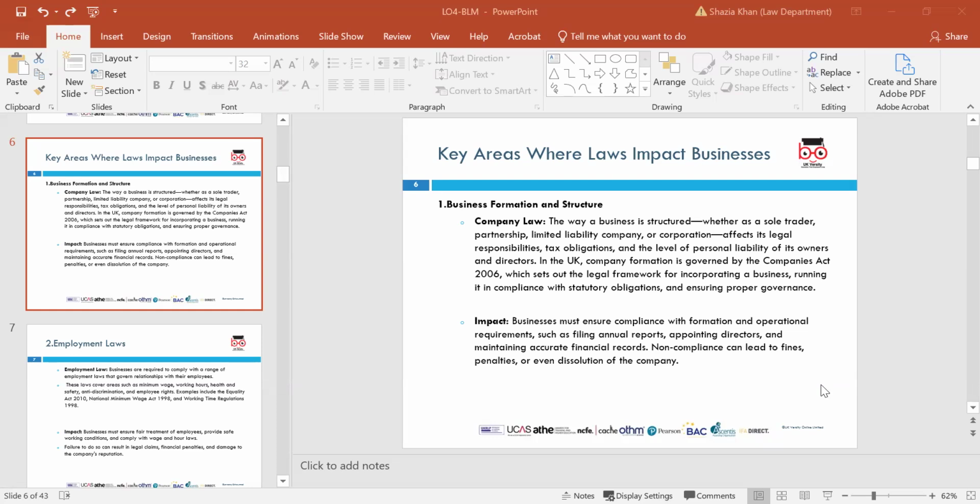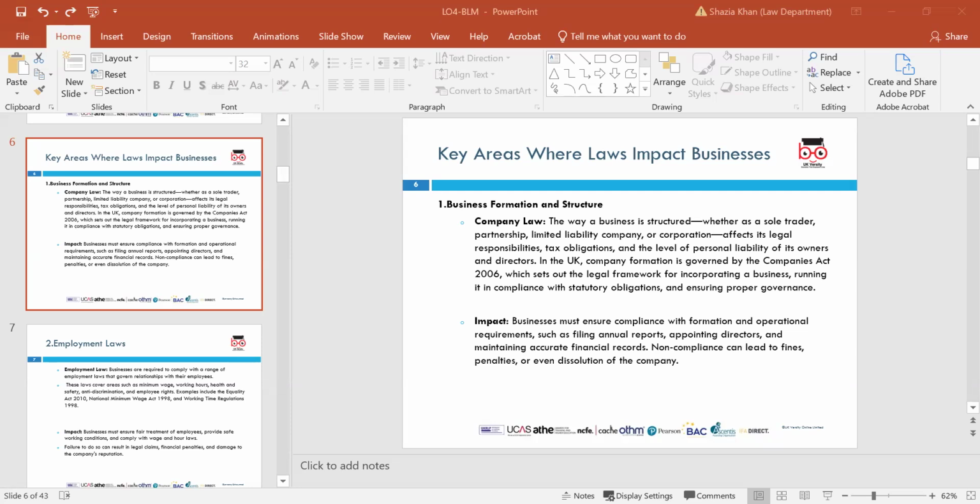So it looks at statutory obligations, ensuring that companies follow their legal obligations, that directors and stakeholders are in place, and that they know what their duties are. Business formation within company law is really important, because they need to be able to identify how a company is structured, and the structure of a business needs to be registered with Companies House.